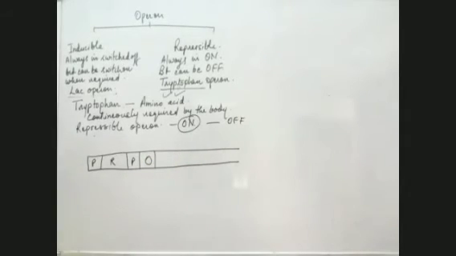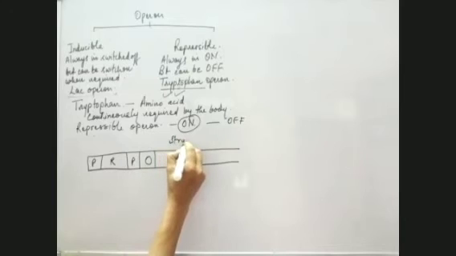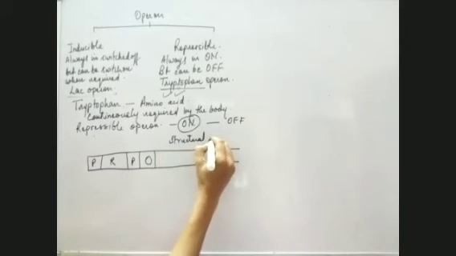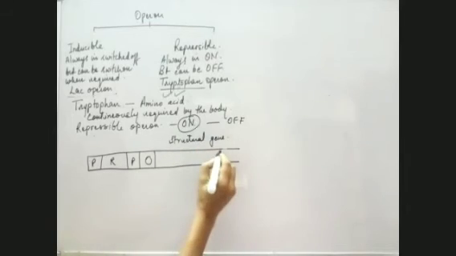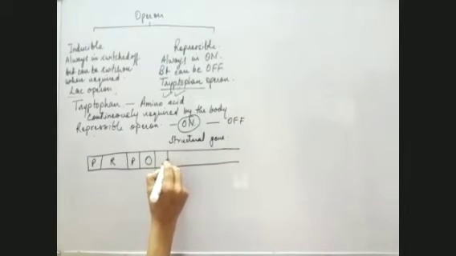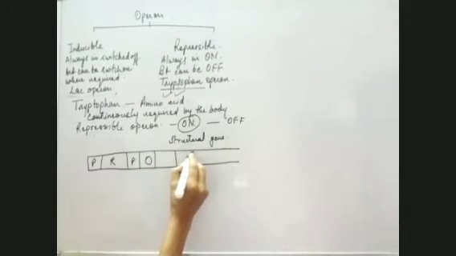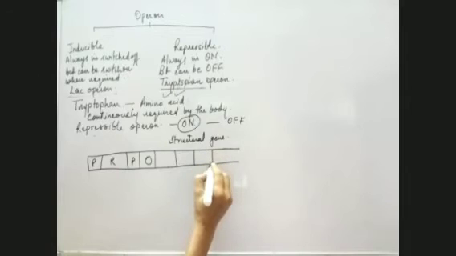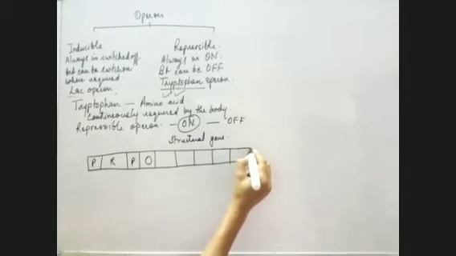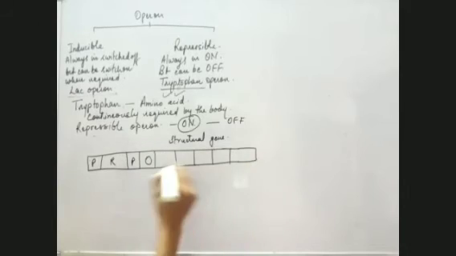Then in case of lac operon, we had a structural gene with 3 segments, but in this case we have 5 segments. The structural gene has 5 types of genes here. I'll make it a little bigger: 1, 2, 3, 4, and 5.